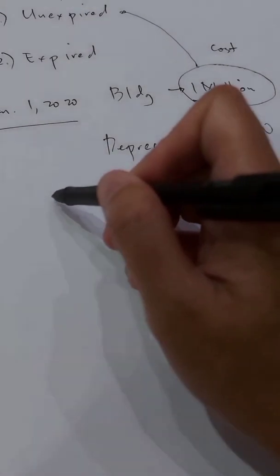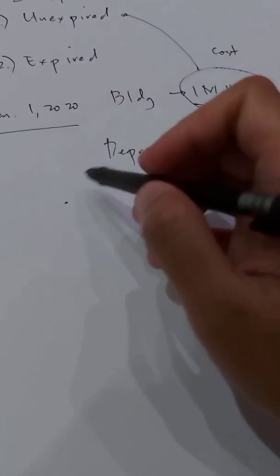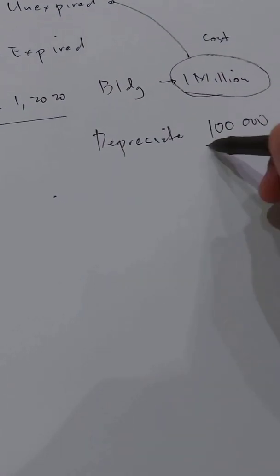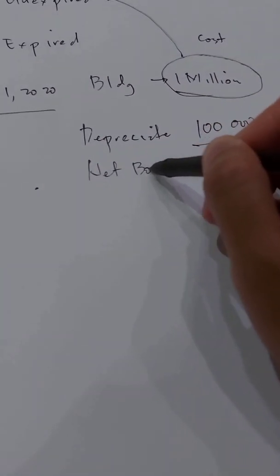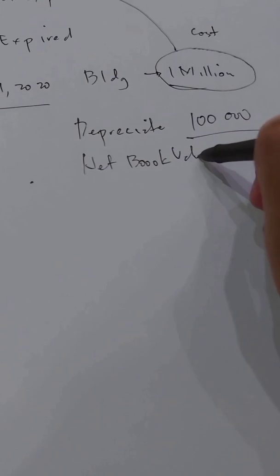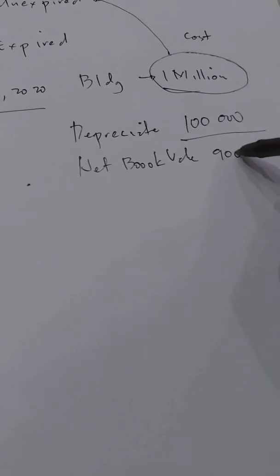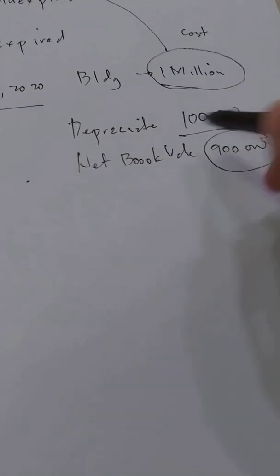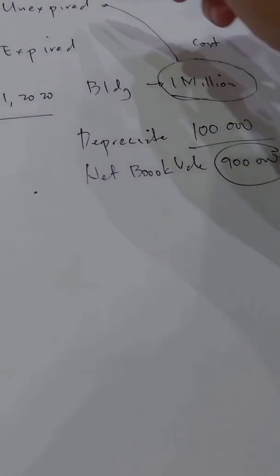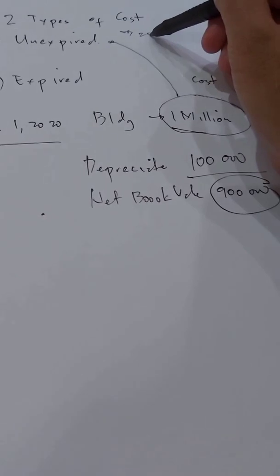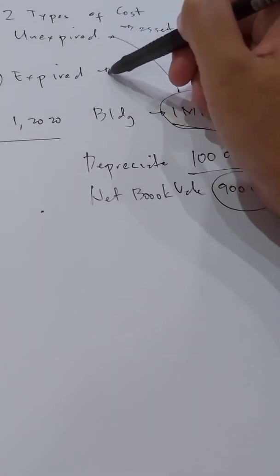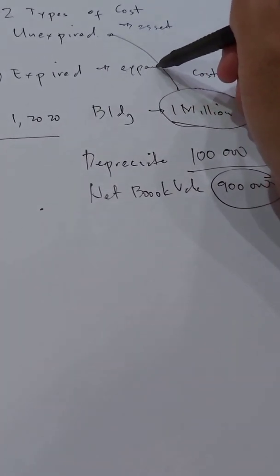So, yung 1 million, magkano na lang ang net book value after a year ng building? So, ang net book value na lang ay 900,000. So, pag sinabi nating unexpired, recorded as an asset. Kapag expired, ito, recorded as expense.